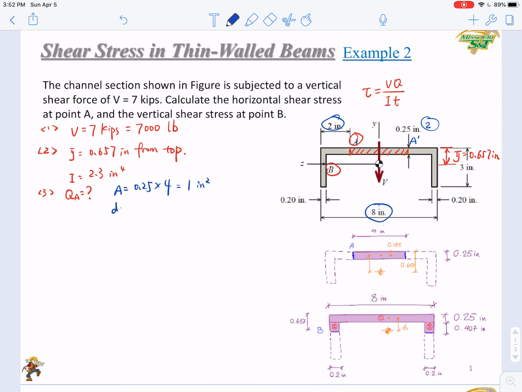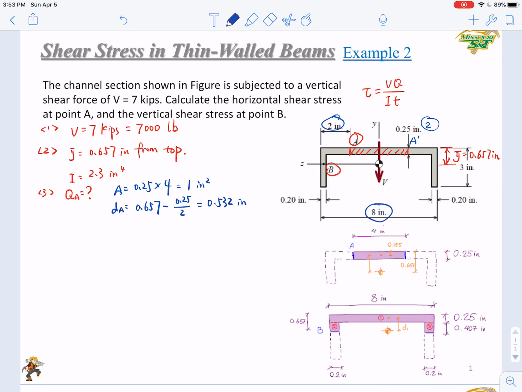Then the dA will be the y bar minus half of the thickness. The y bar is 0.657 minus 0.25. This is the thickness over 2. So here you got 0.532 inch.